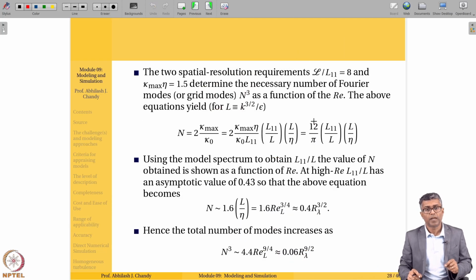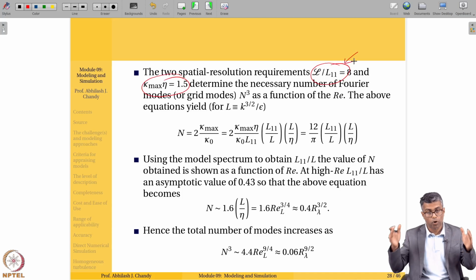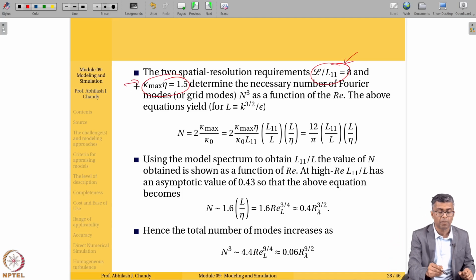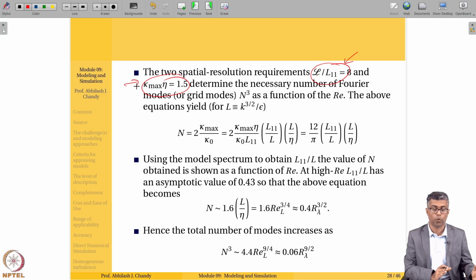So now, if I look at my 2 spatial resolution requirements, which are basically L over L11 equal to 8 and kappa max eta equal to 1.5, these are your 2 spatial requirements. This determines the box size and this determines my grid size, the upper limit and the lower limit. So that will tell us the number of Fourier modes that are required.